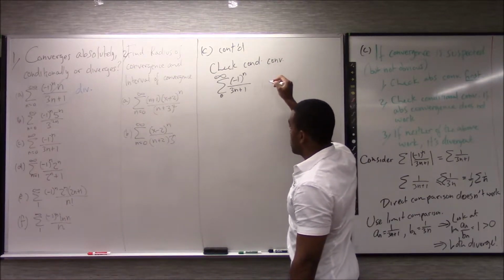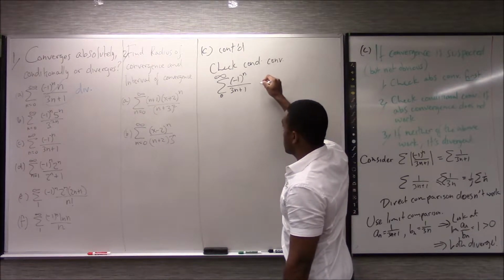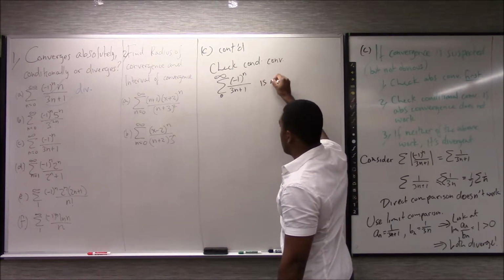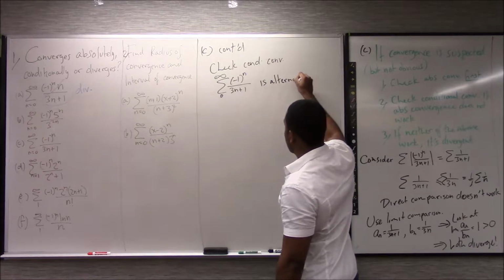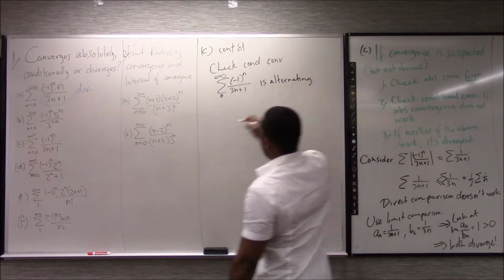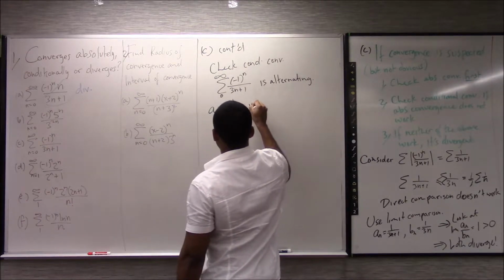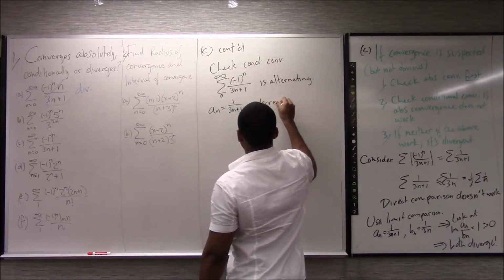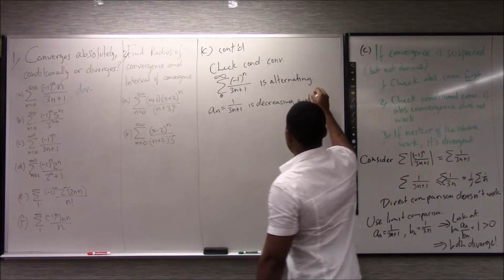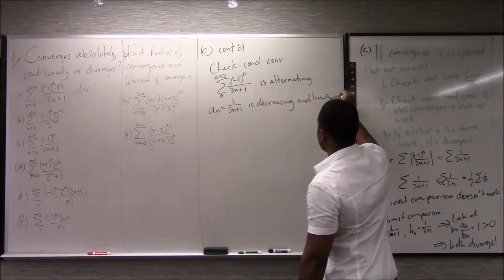You notice that this is alternating, and a_n equals 1/(3n plus 1) is decreasing, and the limit of a_n equals 0.